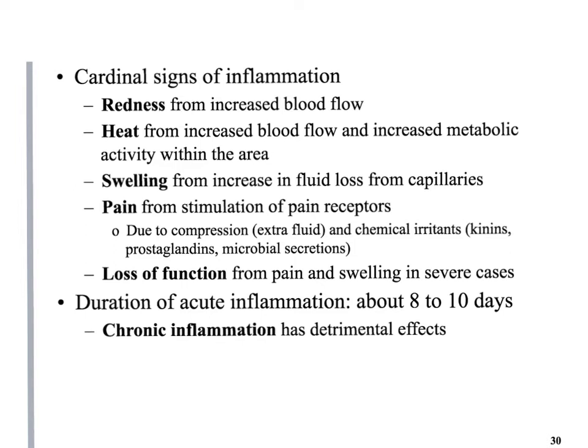Redness, right, which is from the increased blood flow, from vasodilation. You have heat, also as a result of increased blood flow, and also increased metabolic activity within the area. The cells in the area are already starting to heal. So their metabolism goes up, they're breaking things down, and they're starting to move towards that.